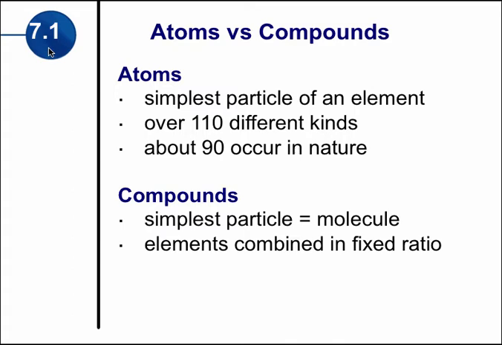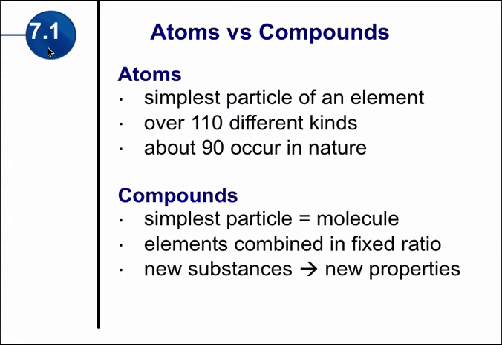The important thing about a compound is that when we create a compound in this fixed ratio, we get a new substance that has new properties. Brand new substance with new properties.